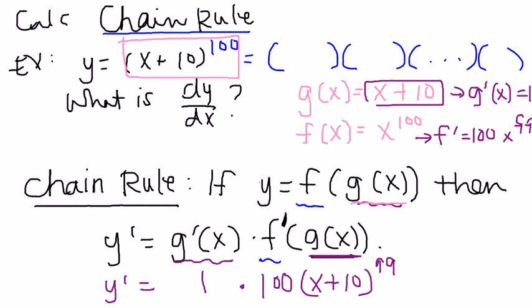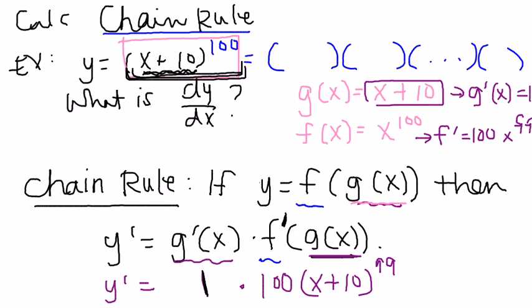Okay, so let's go over this again. The chain rule says I first have to figure out what my inner and outer functions are. And then from there, all I do is take the derivative of the inside function first, which we figured out was x plus 10. And the derivative of x plus 10 was 1. And then we take the derivative of the outside function, but evaluate at the original inner.